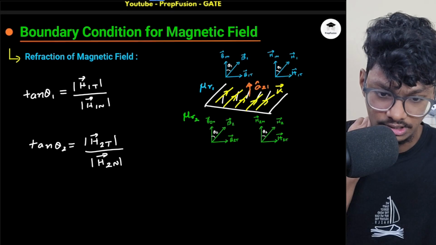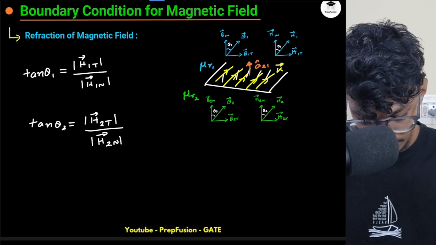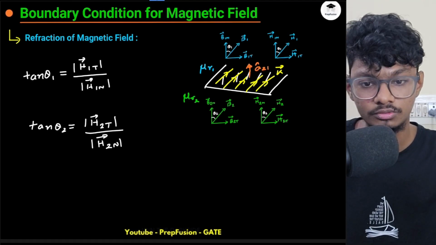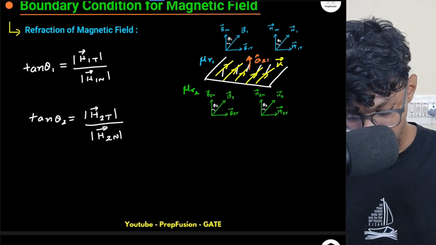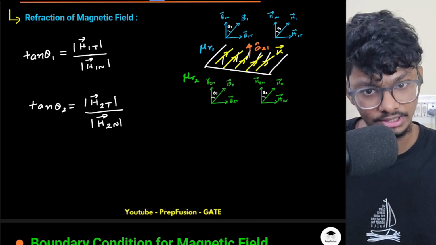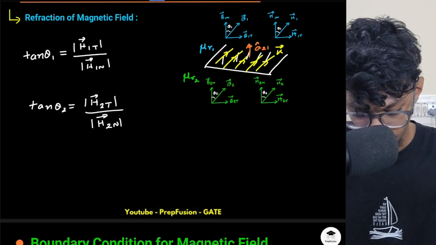Okay, so now you can do the simple ratio. If I do the ratio of tan theta 1 upon tan theta 2, what will I get?